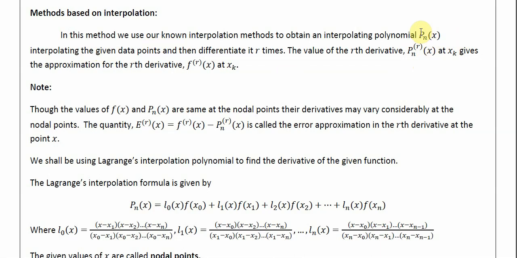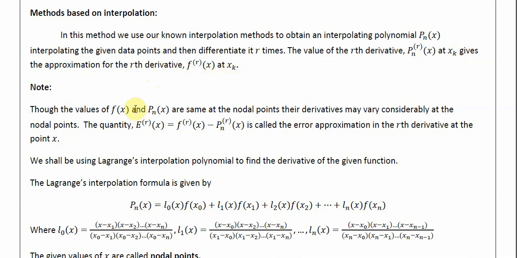If I want the rth derivative of my actual function, I simply differentiate the interpolating polynomial r number of times. And if I want the value of the derivative at a particular point xk, then I differentiate this polynomial r times and evaluate at xk, and that gives me the approximate value for the rth derivative f^(r) of x at the point xk.